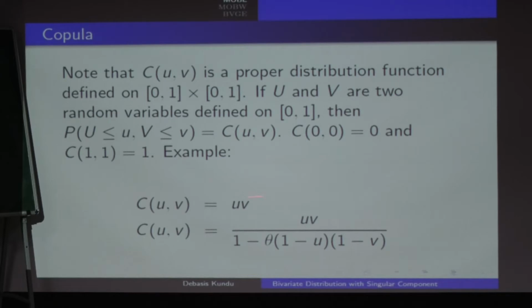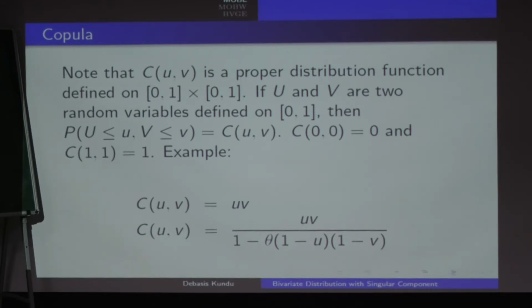These are some of the very simple copulas. This one is not that interesting, because this is two independent uniforms, but this one is clearly dependent on U and V, so this is definitely an interesting copula. You can see that the interdependence between the two marginals is being modeled through this parameter theta.